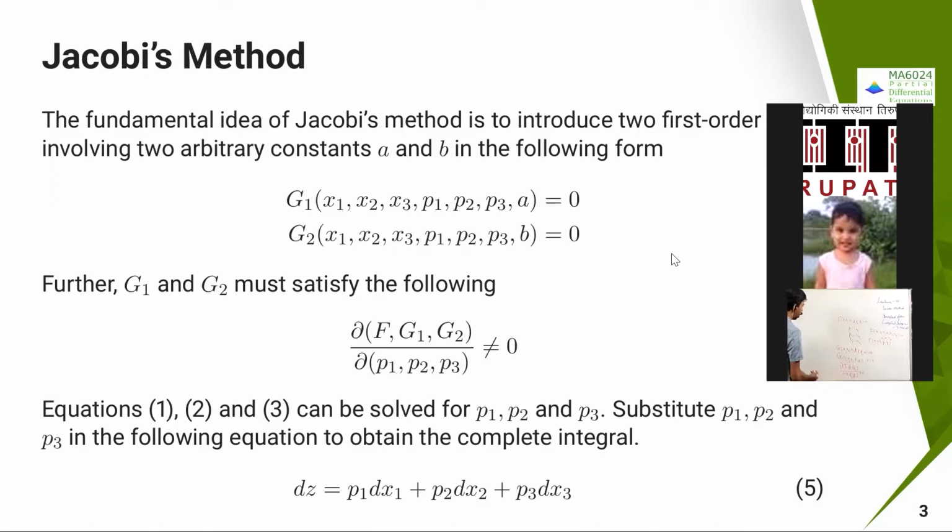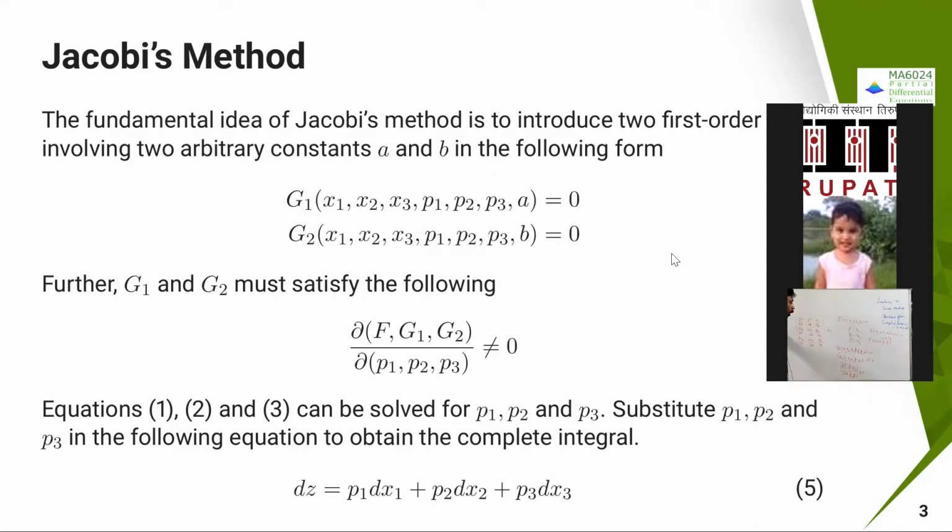That means you have to calculate the determinant with rows ∂f/∂p1, ∂f/∂p2, ∂f/∂p3; ∂g1/∂p1, ∂g1/∂p2, ∂g1/∂p3; and ∂g2/∂p1, ∂g2/∂p2, ∂g2/∂p3. This determinant should not be equal to 0. That's the meaning of this.